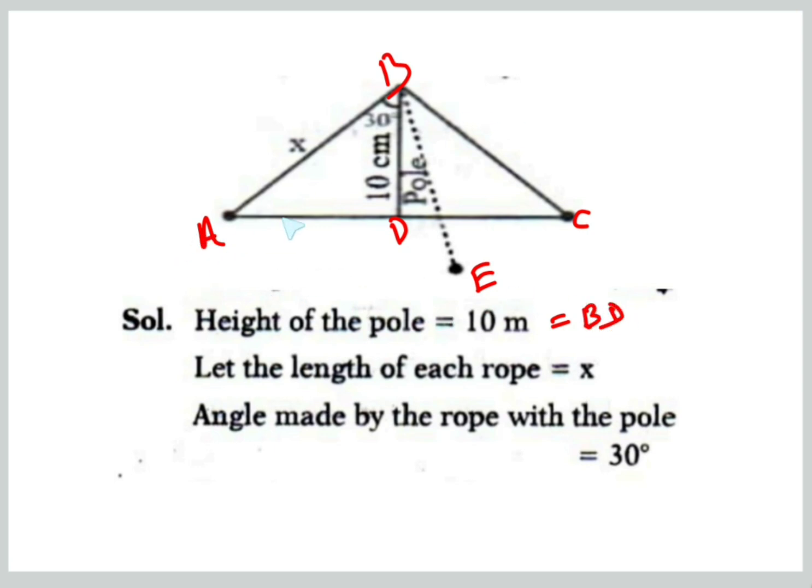And AB, the rope, let the length of each rope be X meters, that is AB is equal to BC is equal to BE. These 3 are the length of the rope, each rope. The angle made by the rope with the pole is 30 degrees.